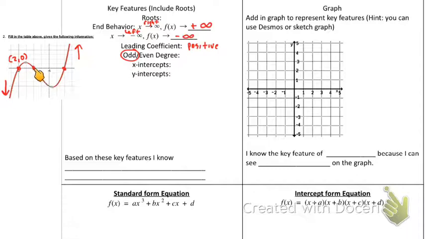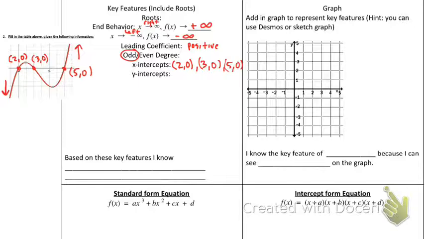This guy here is actually 3, 0. And this guy here is 5, 0. Okay, so I'm going to write those down. 2, 0, 3, 0, and 5, 0.